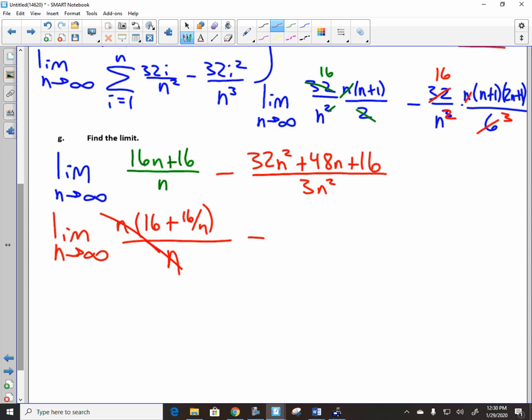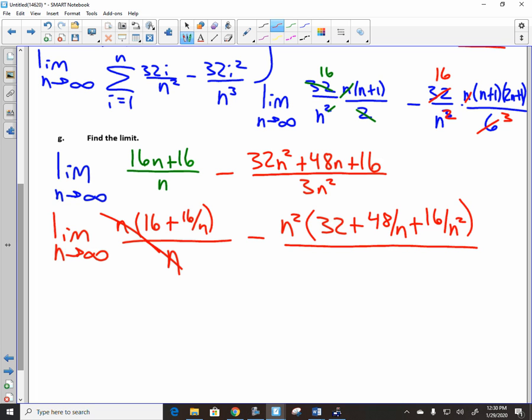Minus, what do we factor out of the top there? n squared, we're left with 32n squared plus 48n plus 16, good. 48 over n plus 16 over n squared. I heard you guys say it. Excellent. All over 3n squared. And you know the n squareds cancel. And as I'm letting n go to infinity, the terms that have powers of n in the denominator go to 0.